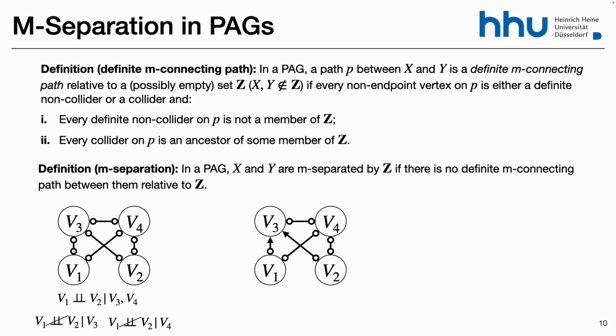What about this one? It's kind of similar. What's the set that separates V1 and V2? V4, just that?